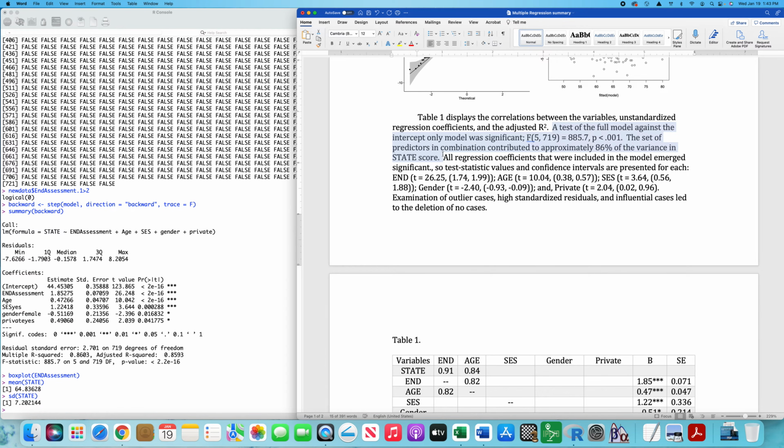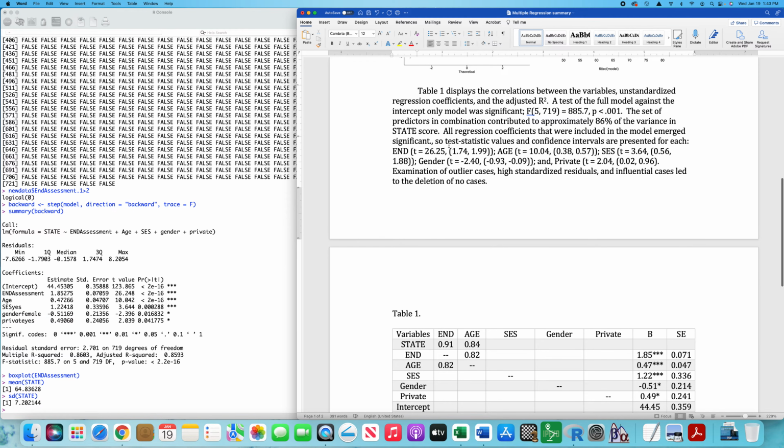And the next thing I would do is talk about the adjusted R squared, so the percent of variance in the dependent variable explained by the set of predictors. Then I add a comment about the predictors that are statistically significant. In this case, all of them emerge statistically significant, so I make a comment about all of them.